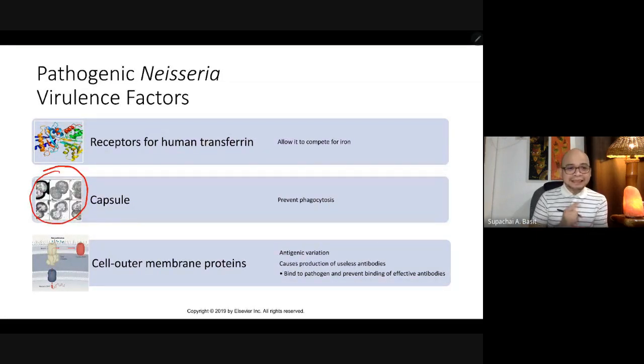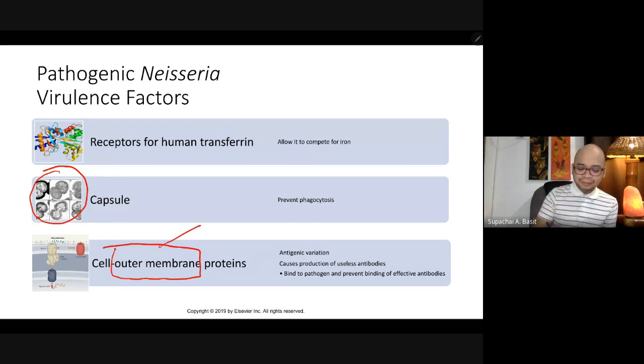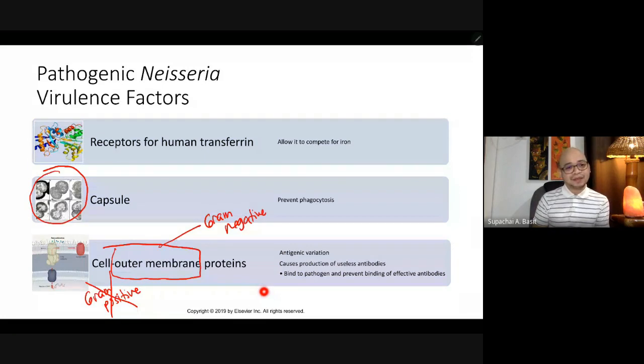Since it is a gram-negative bacterium, it has an outer membrane. Remember, the outer membrane is only seen in gram-negative bacteria, not in gram-positive. So they have outer membrane proteins, and the outer membrane proteins contribute to its antigenic variation.